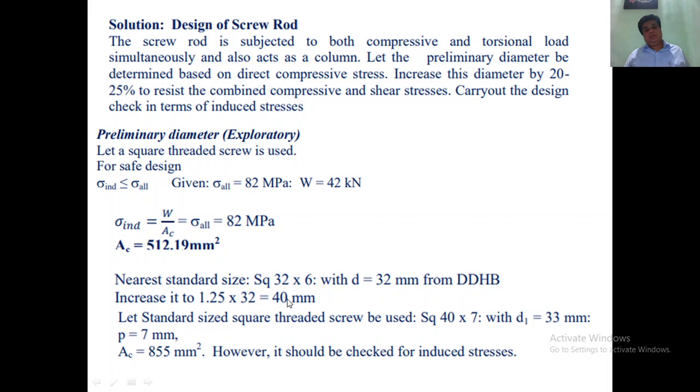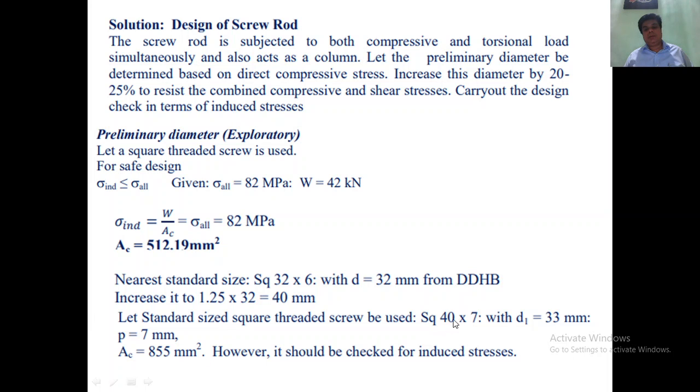For this 40 mm square thread, the standard size in the data handbook is 40 by 7. So the pitch will be 7 mm, and the diameter D1 will become 33, where the nominal diameter is 40. So 40 minus 7 gives D1, the internal diameter of the screw rod, and this is the external or nominal diameter. 40 minus 7 gives 33.